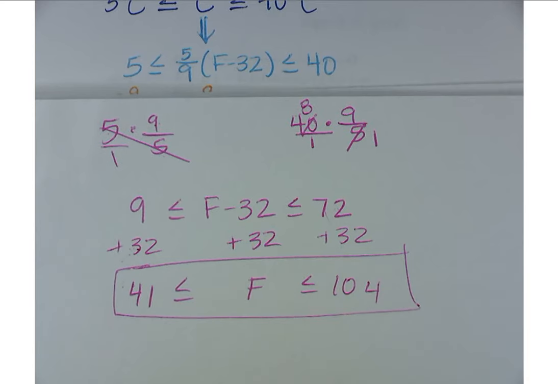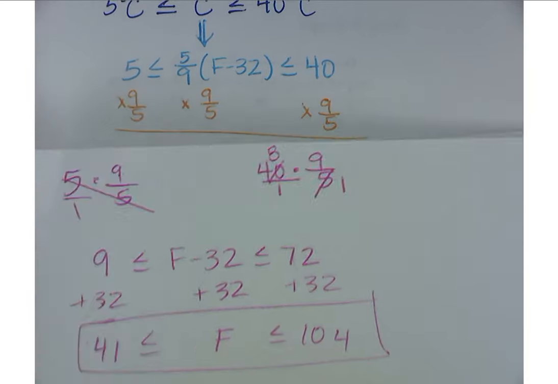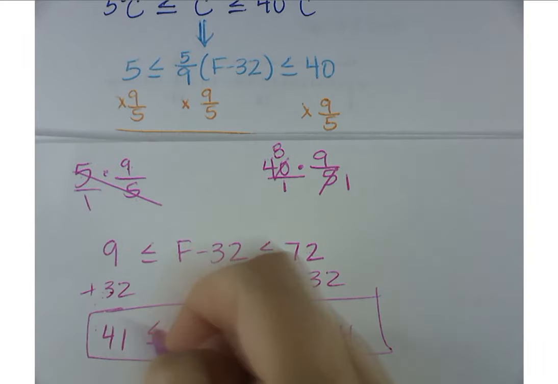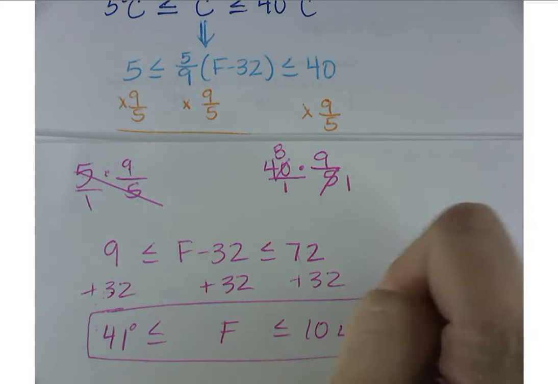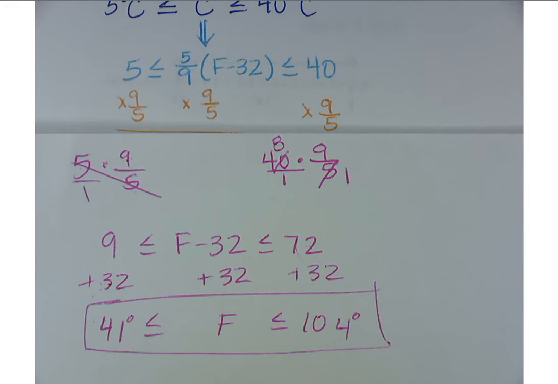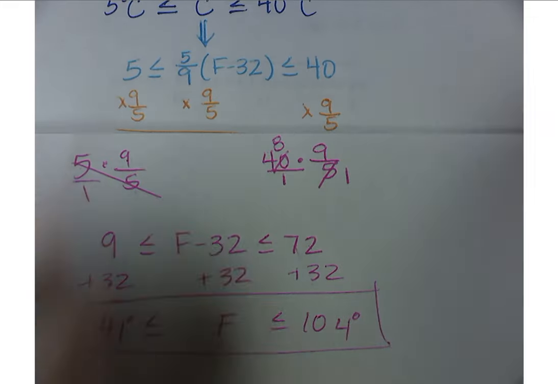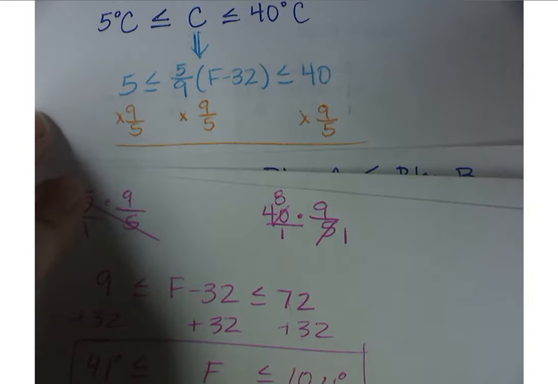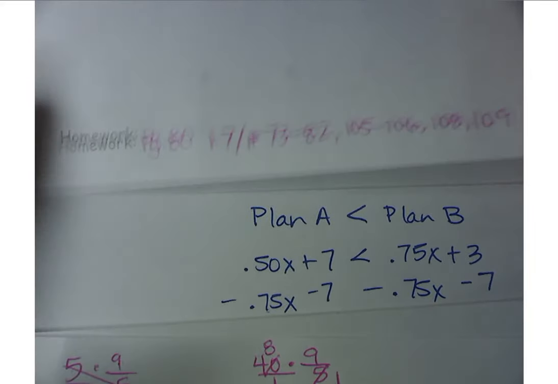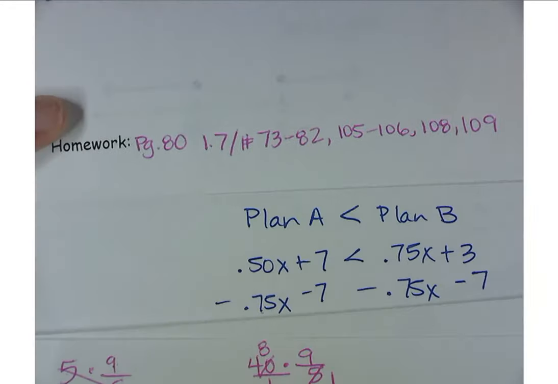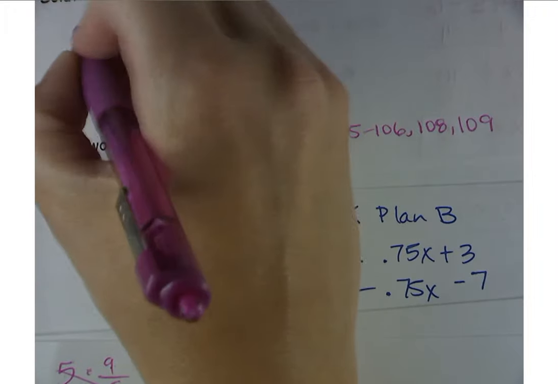Okay, so then that's going to be your Fahrenheit. 104 degrees. And then that's what you had to do, is you had to do your range. That is your range. And so your solution is 41 degrees.